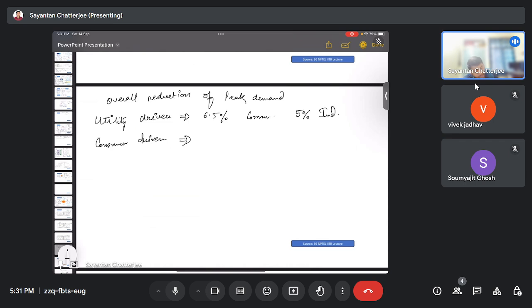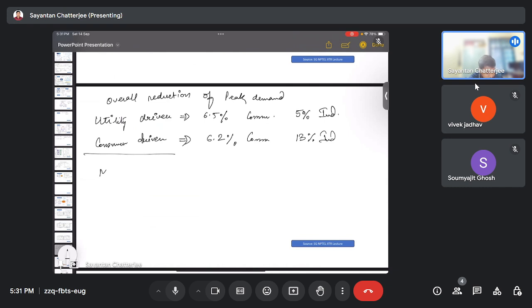Consumer driven, for commercial purpose there's a peak reduction of 6.2%, and for industrial around 13%. So peak demand reduction is heavily impacted by incorporating the consumer driven part.